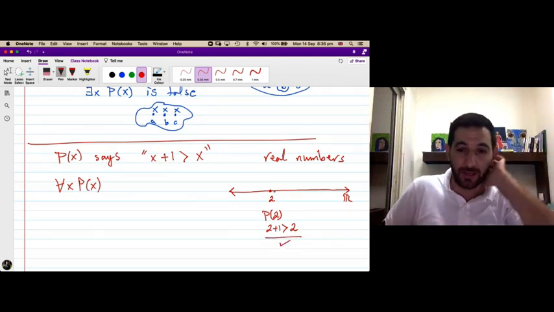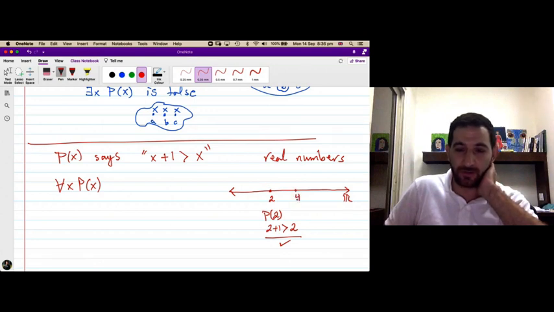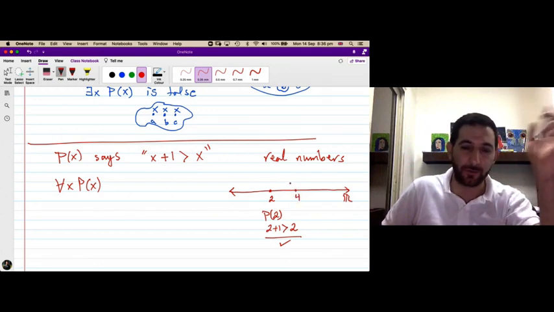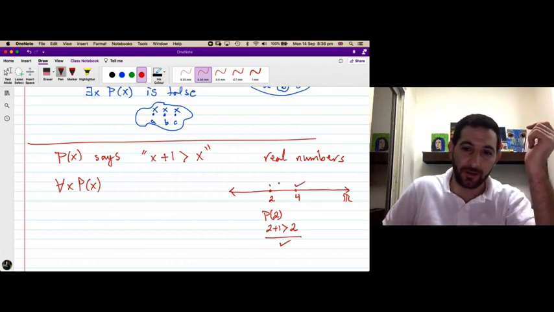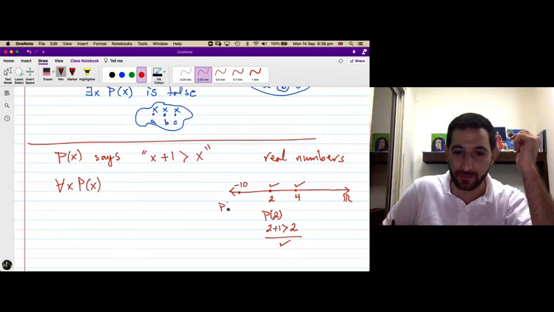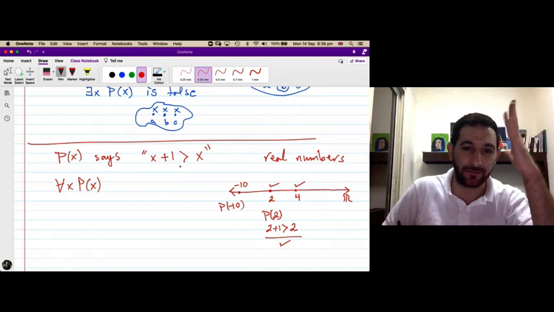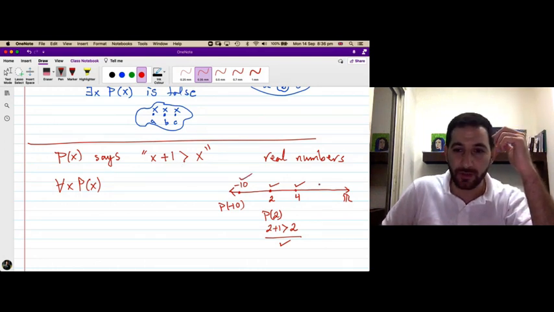Yes, it is true. Now you go and check it for 4. Is P of 4 true? Is 4 plus 1 bigger than 4? Yes, 5 is bigger. You go to negative 10. Is P of negative 10 true? Negative 10 plus 1 is negative 9, which is bigger than negative 10. So yes, it is true.